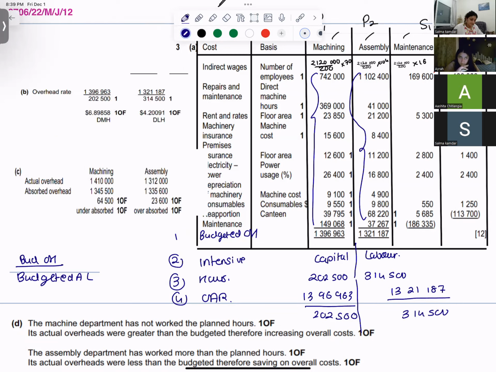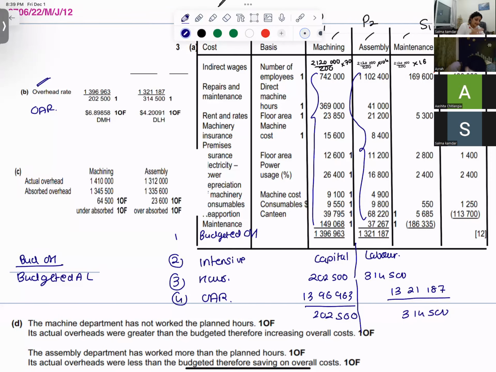Are you with me? So you will get your OAR. OAR is called overhead absorption rate. It is budgeted overheads divided by budgeted activity level.